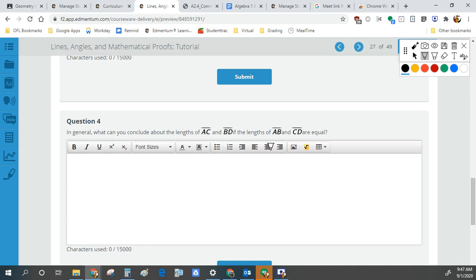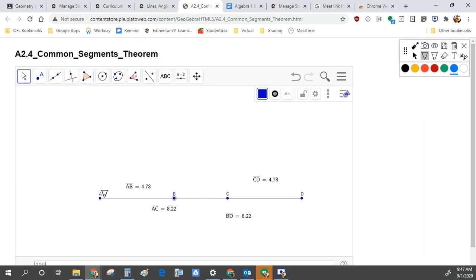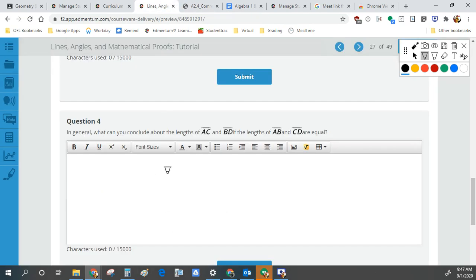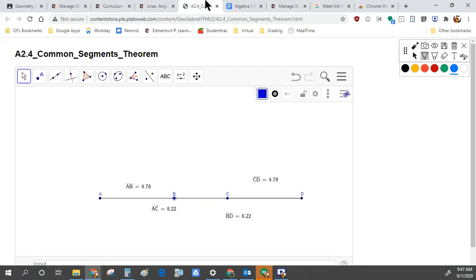What can you conclude about lengths if those are congruent? So if those are congruent, then what did I say here? Again, just write whatever you guys can come up with. I saw that, but not that big of a deal.